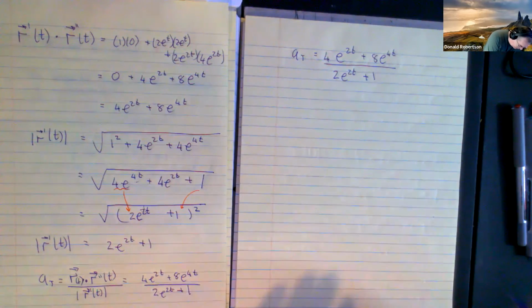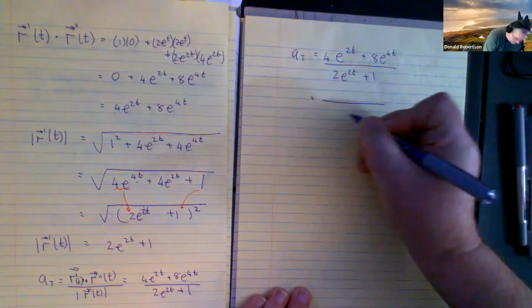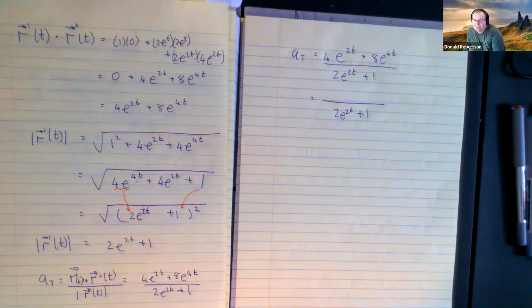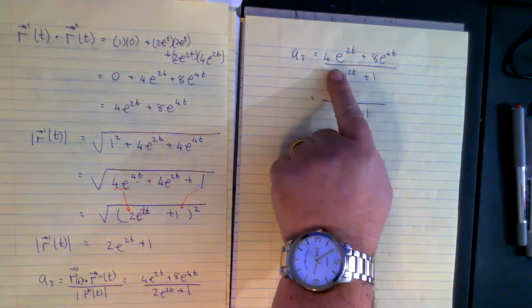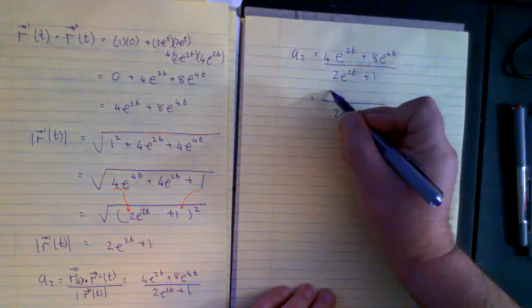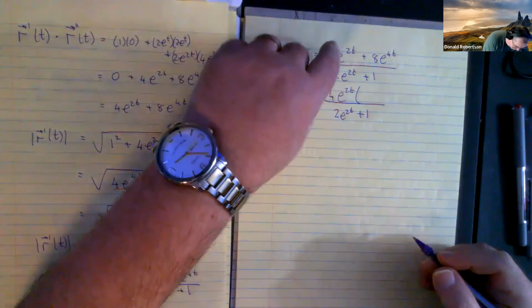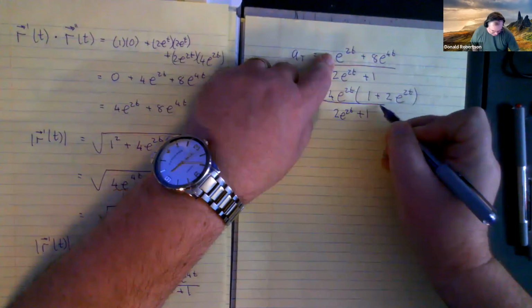Can anybody think of something you could do to the numerator that might make this nicer? You could factor out 4e to the 2t. And if you did that, you'd get 1 plus 2e to the 2t, one of these.